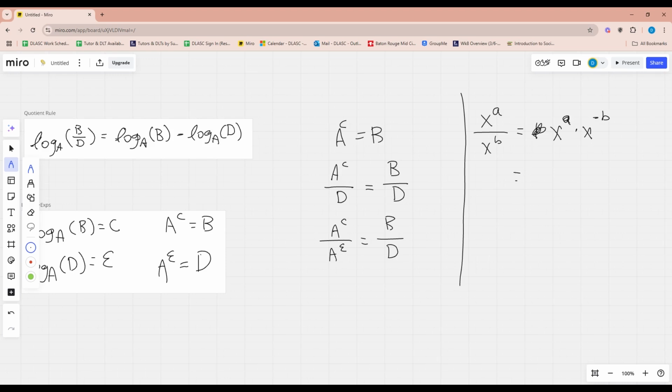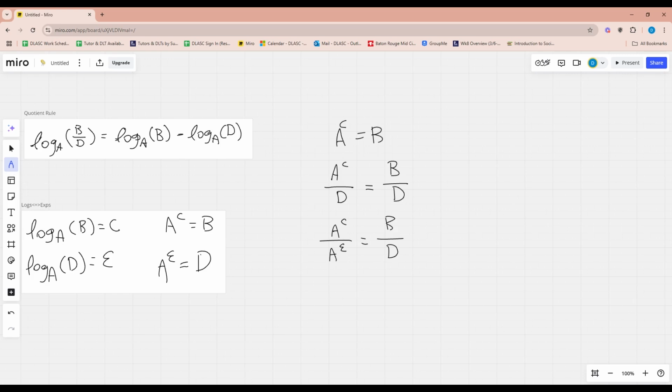And then that in turn is equal to x to the a minus b. Hopefully that makes sense to you. If it doesn't, then you might want to review some of your exponent rules. I might end up making a video on that pretty soon and proving that one so that you have some intuition. But for now, we just need to keep that in mind because we're about to use it.